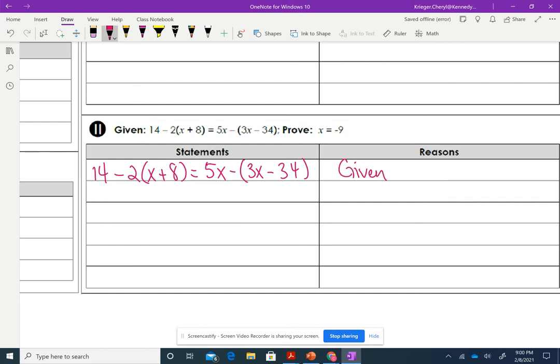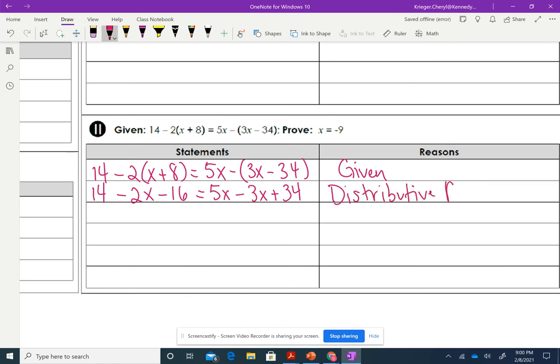Okay, so what's this first step in solving this? Well, the first step is to distribute, right? We have to deal with the parentheses that we have. 14 minus 2x minus 16 equals 5x minus 3x plus 34. Distributive property.